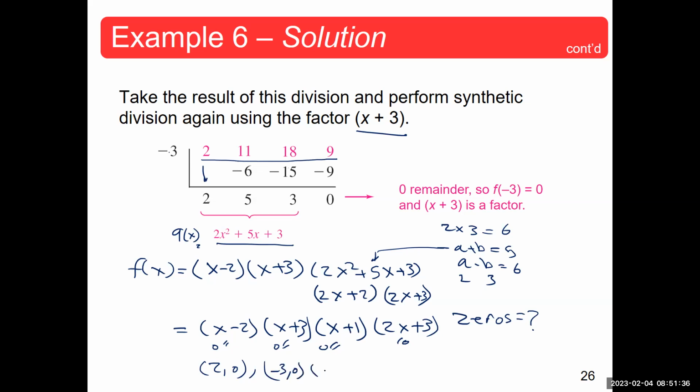Here x equals -1. Here, when 2x plus 3 equals 0, 2x equals -3, so x becomes -3 over 2. This is all the zeros.